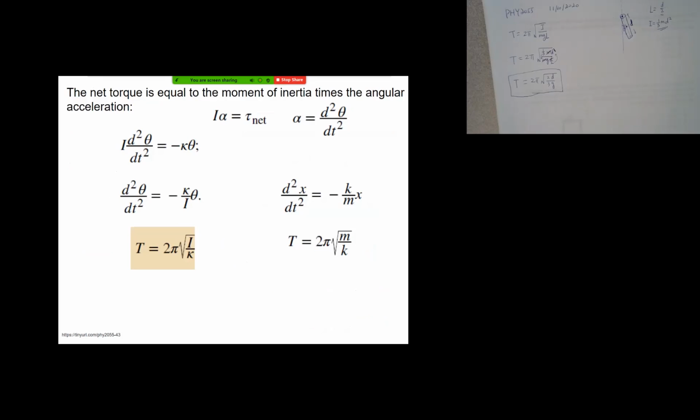So again you can start with I times alpha equals torque. Alpha is the second derivative of theta with respect to t, d squared theta over dt squared. So I times the second derivative of theta with respect to t equals minus kappa times theta.